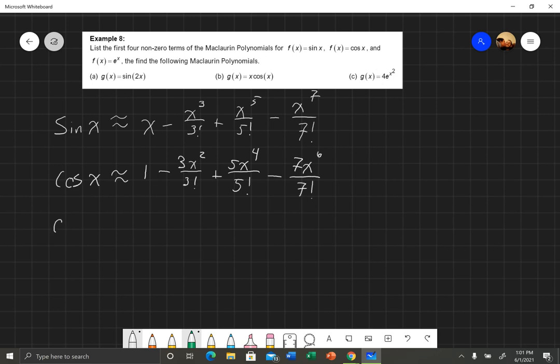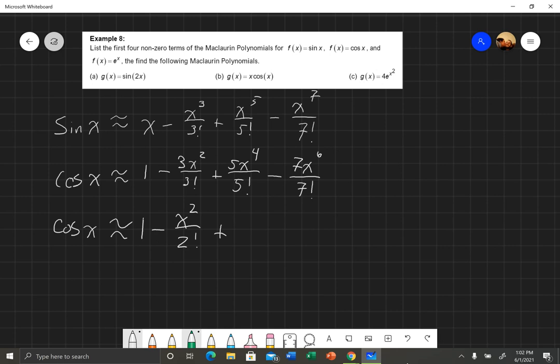Well, we can rewrite this, right? We can clean this up just a little bit. And so what do we get? 1 minus, like we talked about in class, 3 factorial is 3 times 2 times 1. So 3x squared over 3 times 2 times 1. The 3s cancel, so this is going to be x squared over 2 factorial plus 5x to the 4th over 5 factorial.